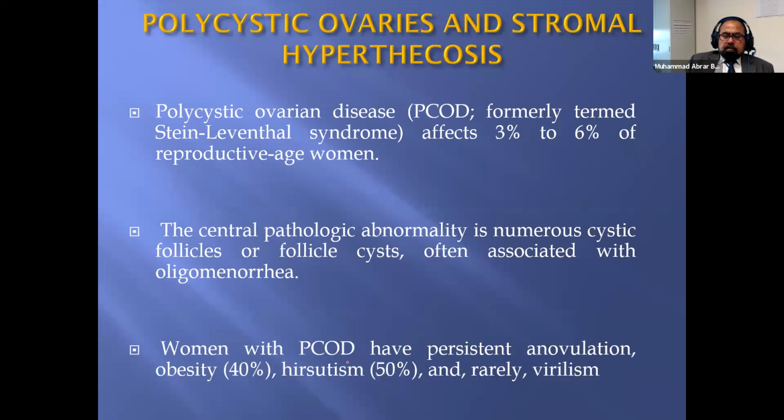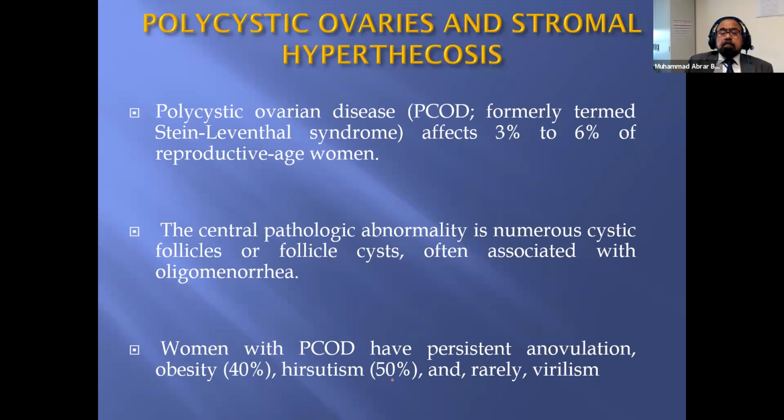Women with PCOD have persistent anovulation, obesity about 40%, hirsutism 50%, and they have virilism. So obesity 40%, hirsutism. What do we mean by hirsutism? Hirsutism means these females have an abnormal amount of hair in their body areas.